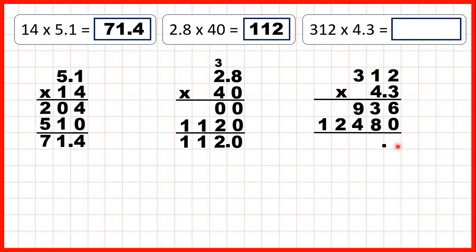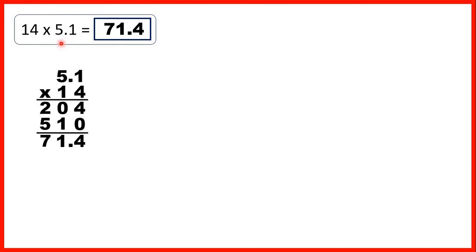Now 6 plus 0 is 6, 3 plus 8 is 11, so 1, 1. 1 plus 9 plus 4 is 14, so 1, 4. 1 plus 2 is 3, and nothing plus 1 is 1. So we get 1341.6.